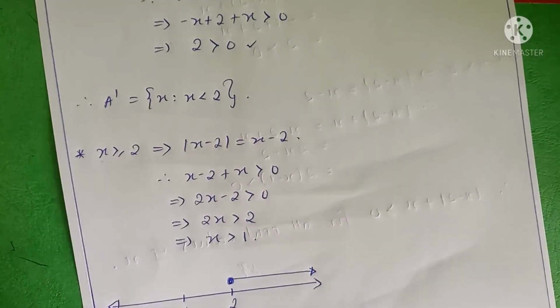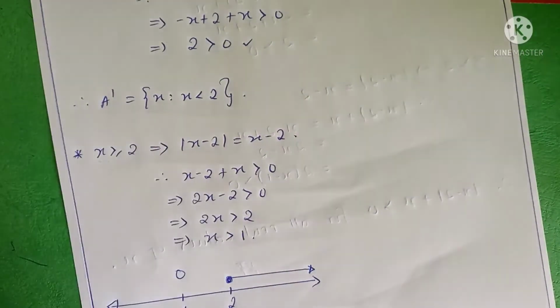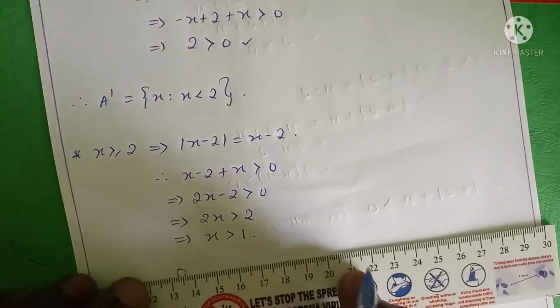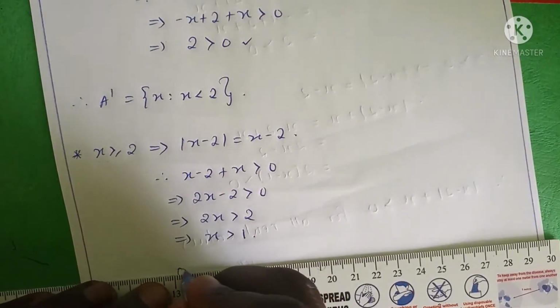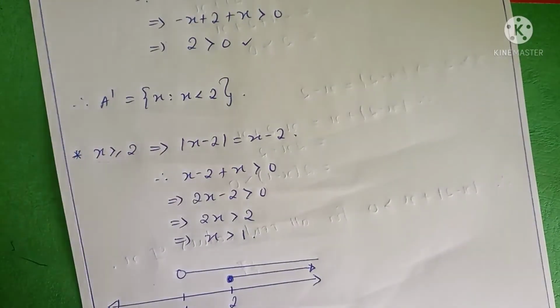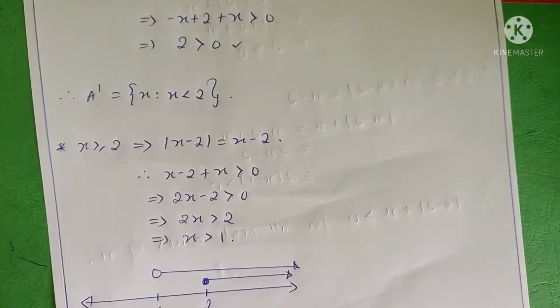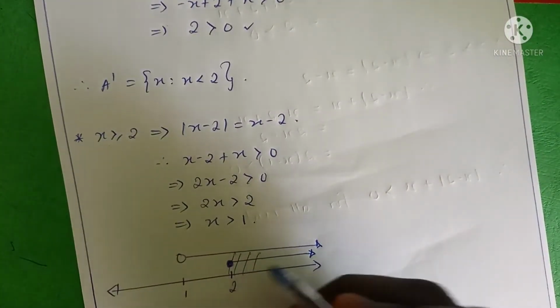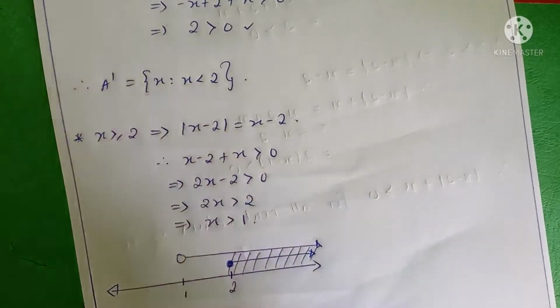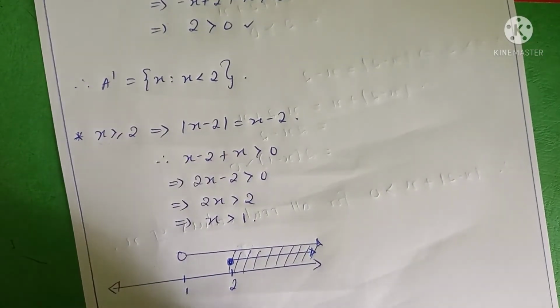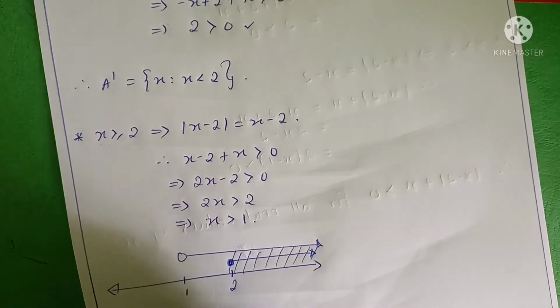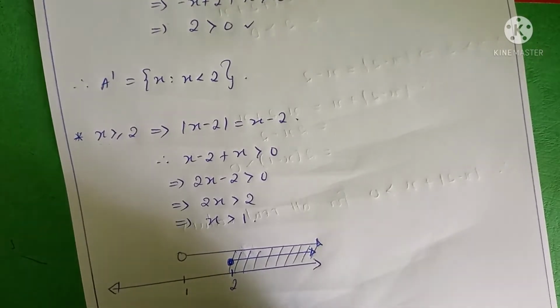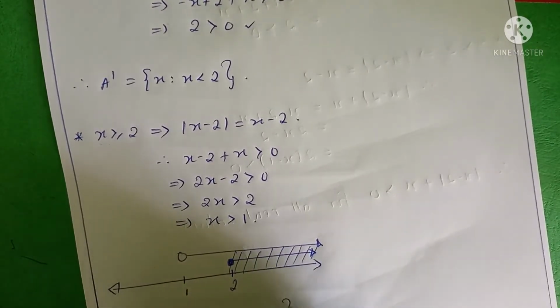In the second set, we have x which is greater than 1, so we also draw an arrow there pointing to the right. So clearly we can see the intersection. The intersection starts from 2 upwards. Therefore, the set B prime is the set x such that x is greater than or equal to 2.